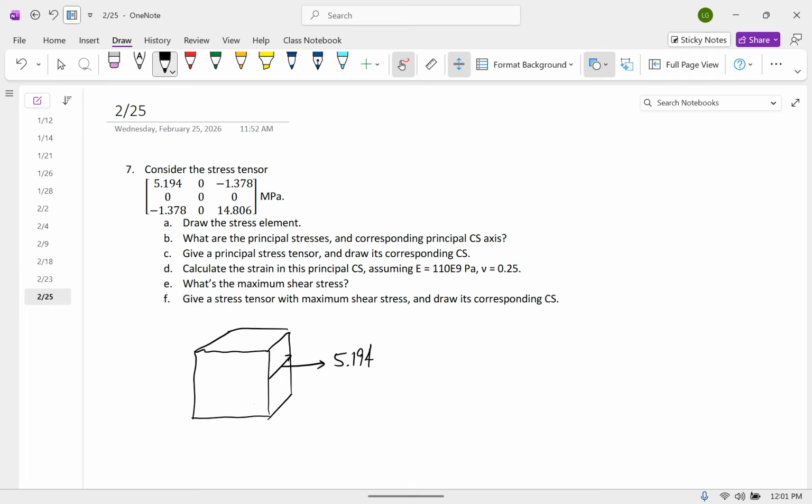We have 1.378 in the negative z direction. Nothing on the y face. On the z face, we have to have this 1.378 for symmetry. And then we have a positive 14.806 here.